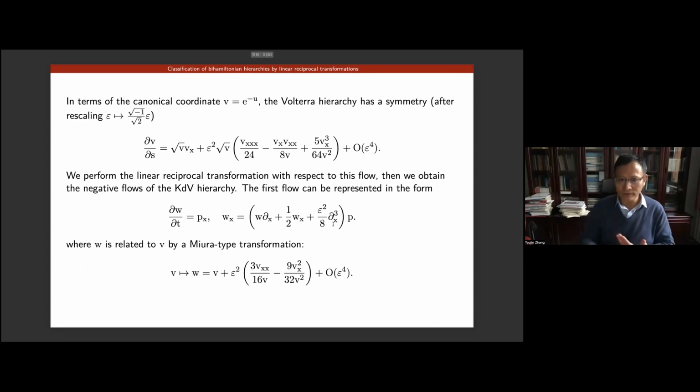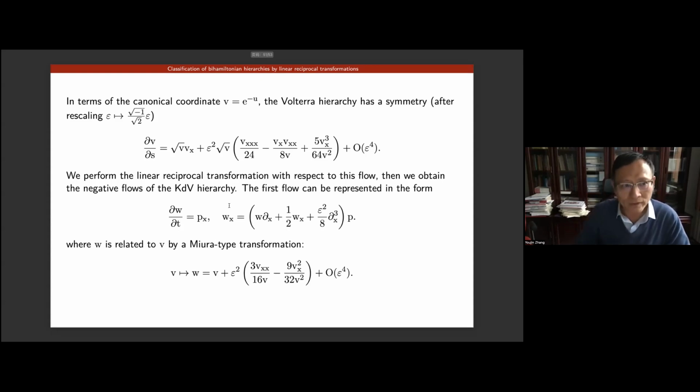We can also show that this negative flow of the KdV hierarchy has a bihamiltonian structure, transformed from the bihamiltonian structure of the Volterra hierarchy. Of course, this bihamiltonian structure of the negative flow of the KdV hierarchy is the same as the bihamiltonian structure of the KdV hierarchy.